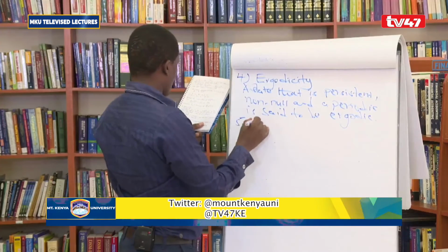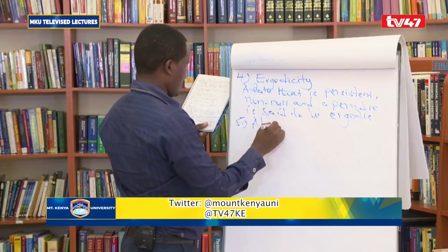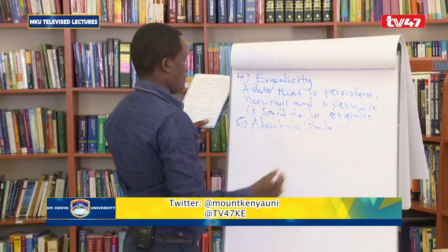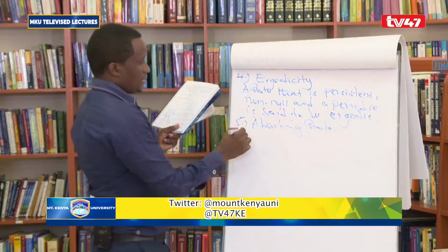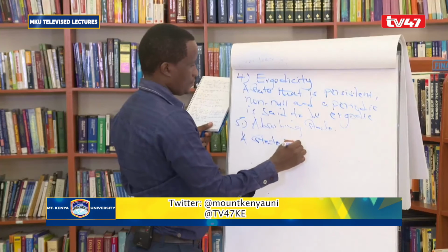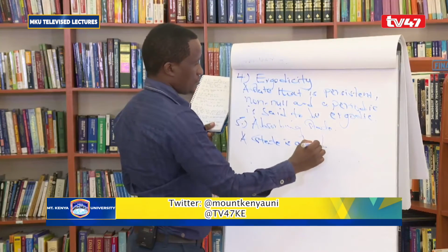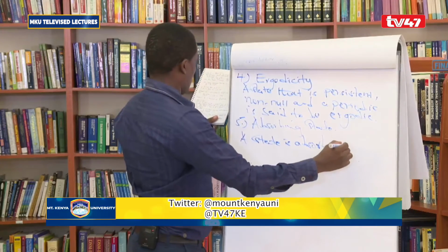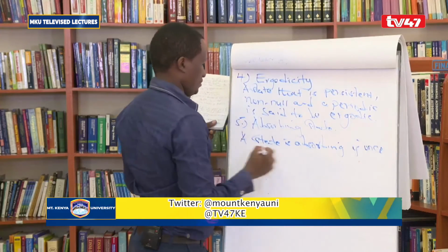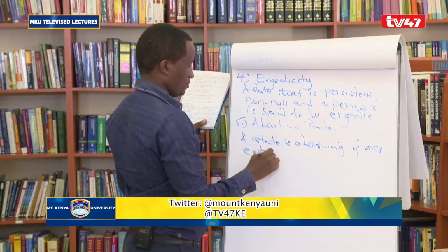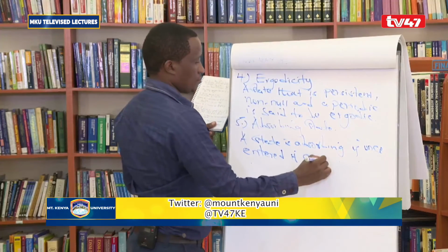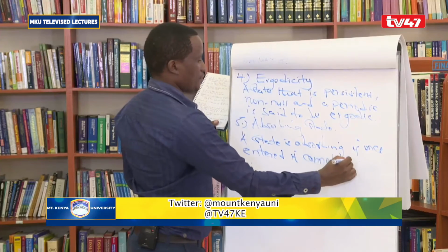Number 5, absorbing state. A state is absorbing if once entered, it cannot be left.